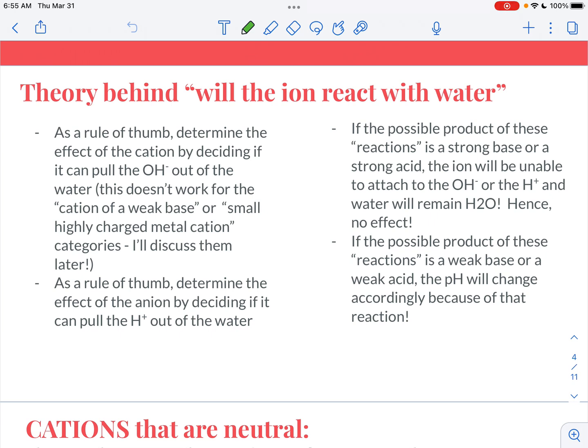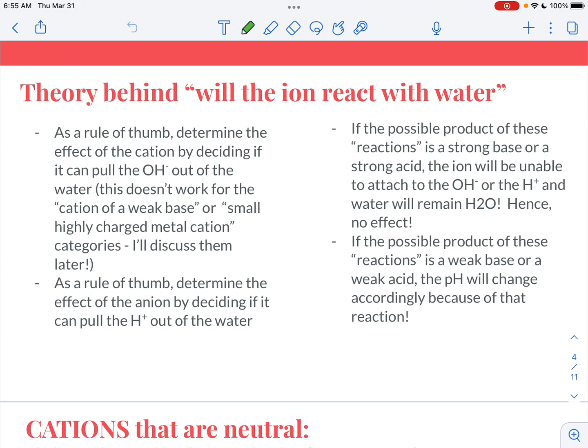So typically, for the most part, your rule of thumb is that you're going to decide if the cation can kind of reach in, picture it as a Bronsted-Lowry, well, not really Bronsted-Lowry, but reach in as a reaction to pull out the OH minus.